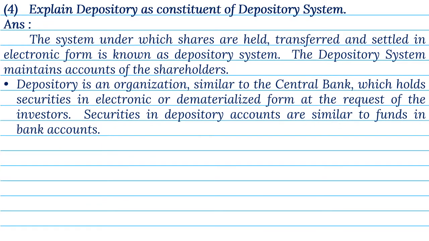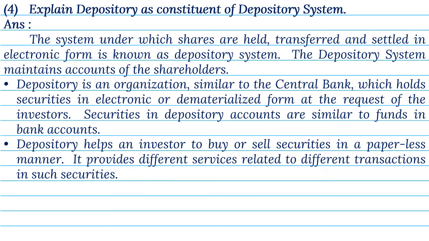Depository is an organization similar to the central bank, which holds securities in electronic or dematerialized form at the request of the investors. Securities in depository accounts are similar to funds in bank accounts. Depository helps an investor to buy or sell securities in a paperless manner. It provides different services related to different transactions in such securities.